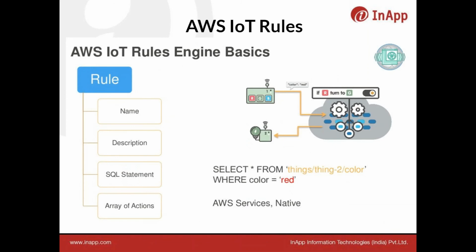AWS IoT rules actually define what happens when a message arrives. I need to talk about Kinesis streams here. So the message needs to be put into a stream when a device connects to IoT using MQTT and sends a message. You immediately need to store it somewhere, without losing the data. So streams are pretty much useful there.